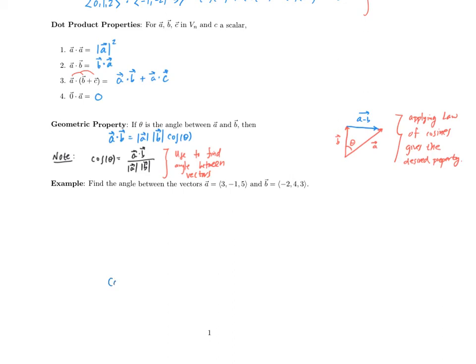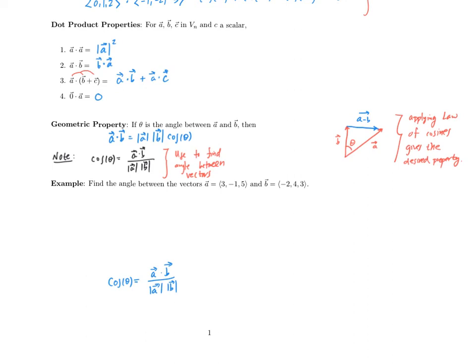So note from above, and I'm leaving some space to add in some details, cosine of theta would be A dotted with B divided by the magnitude of A and the magnitude of B. So if we can determine 3 key ingredients, the number A dot B, the magnitude of A, and the magnitude of B, we can use that information to solve for theta.